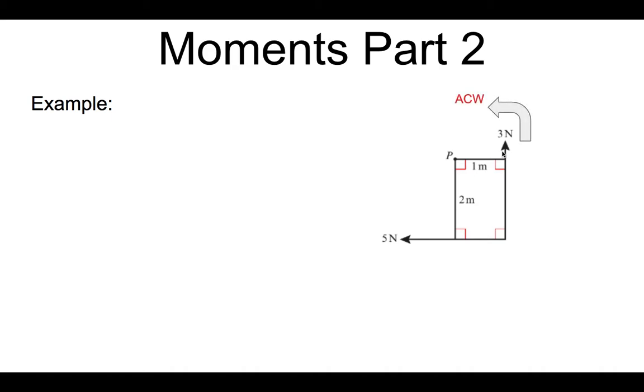So the 3 Newton force would move it anti-clockwise, whereas the 5 Newton force, if we were to start pulling here, would move it in this direction, which is clockwise. It doesn't matter that they're acting in different directions or that it's a lamina, we treat it in exactly the same way.